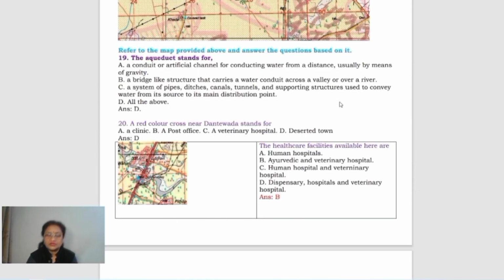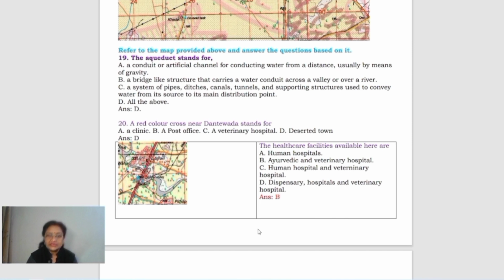Next is, the healthcare facilities available here are. In this picture you can see the symbol of hospital is there, right? Blue colored and red color, if you can see. Both these are present.